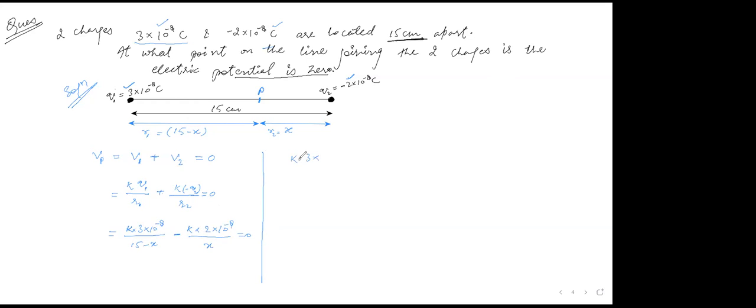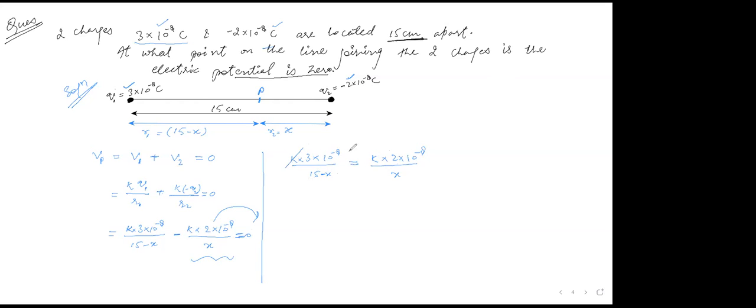Now this is your k times 3 into 10 raised to the power minus 8 over 15 minus X, which is equal to, okay, we can write equal to because after transferring this value from the left hand side to the right hand side of the equal sign, your negative sign will be positive, and you get k times 2 into 10 raised to the power minus 8 over X. Are you understanding?